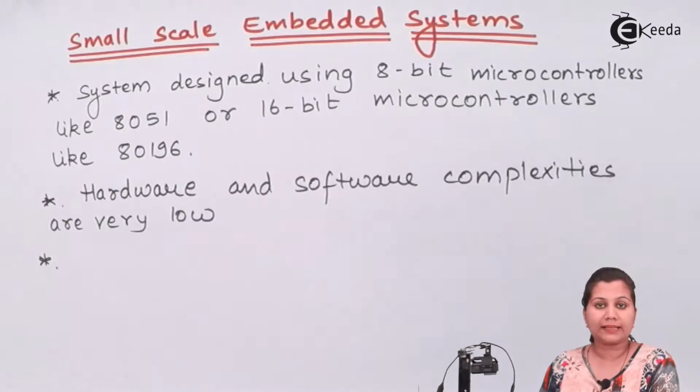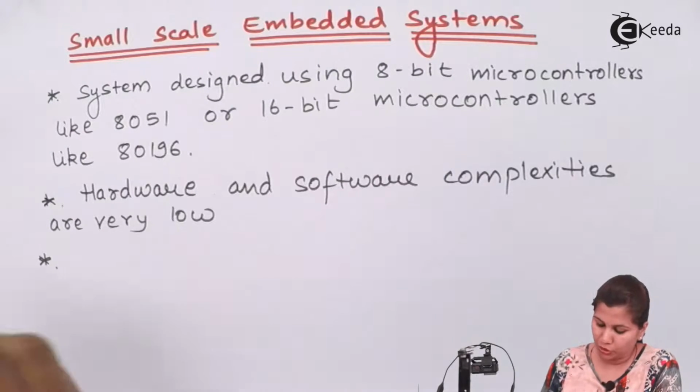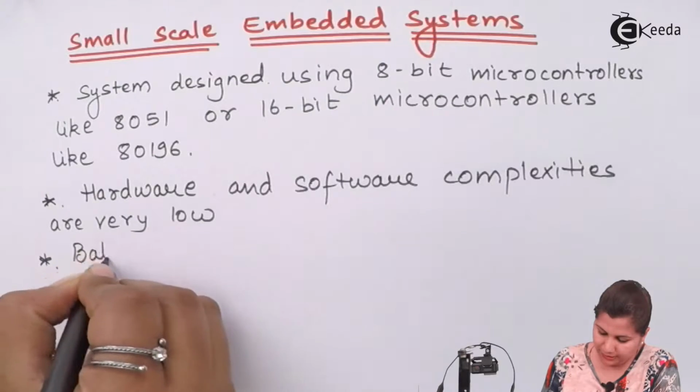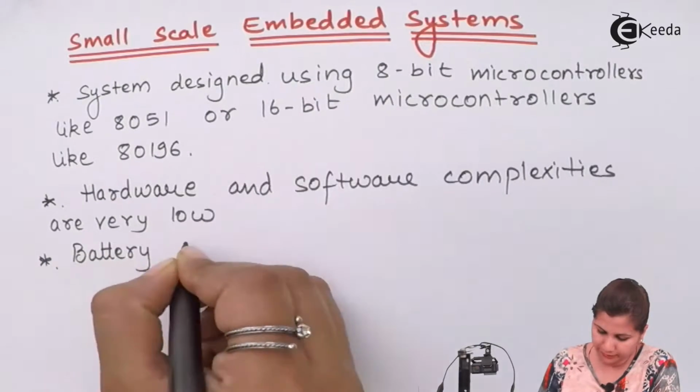And generally these embedded systems are battery operated. So because they are operated by the battery, power consumption is not a problem in such embedded systems. So most of these embedded systems are battery operated.